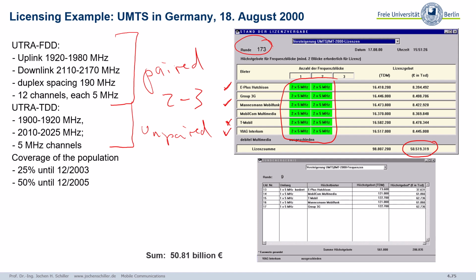And the TDD, well, was almost ignored. It was only something like 280 whatever million, so not that much. So 50 billion, that was quite a lot. And just to come to an end with this story, at the end of 2005, 2 out of these companies could not really cover the population, could not fulfill this requirement, and they simply dropped out.